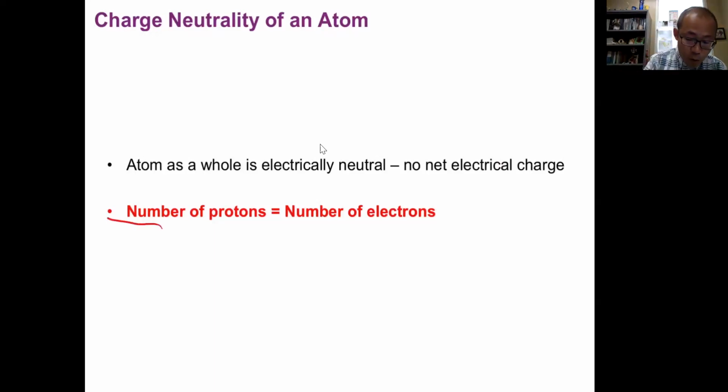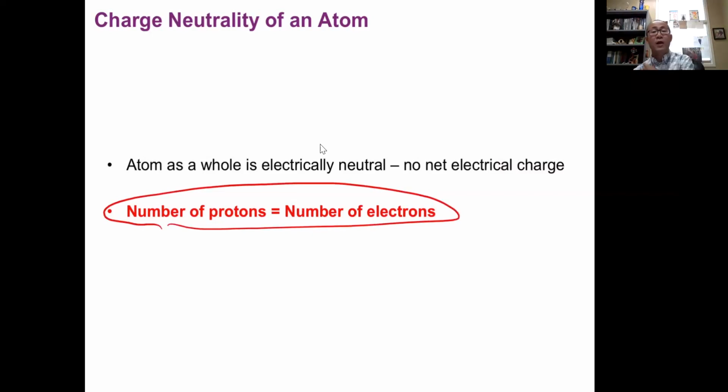So we have a conclusion here. For a neutral atom, the number of protons will always equal the number of electrons. One proton is positive, one electron is negative, so the numbers must be equal in a neutral atom. This is a very useful and important conclusion.